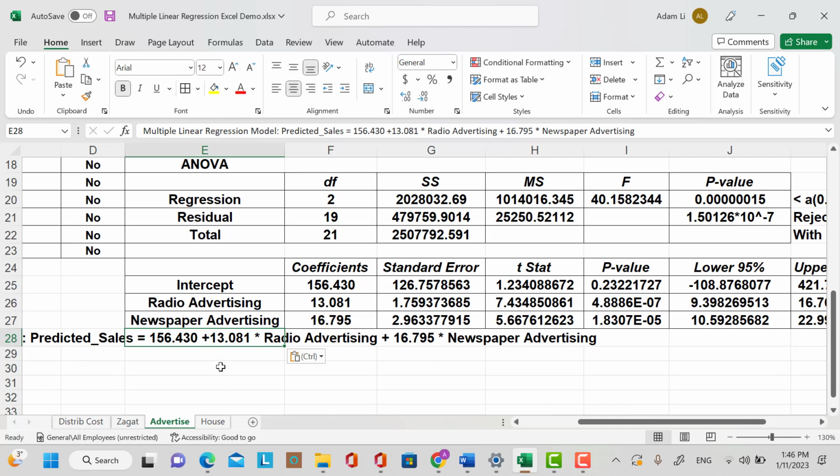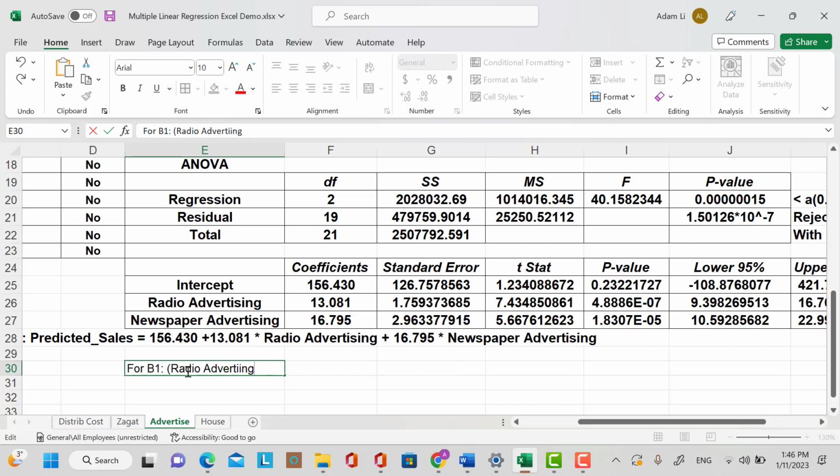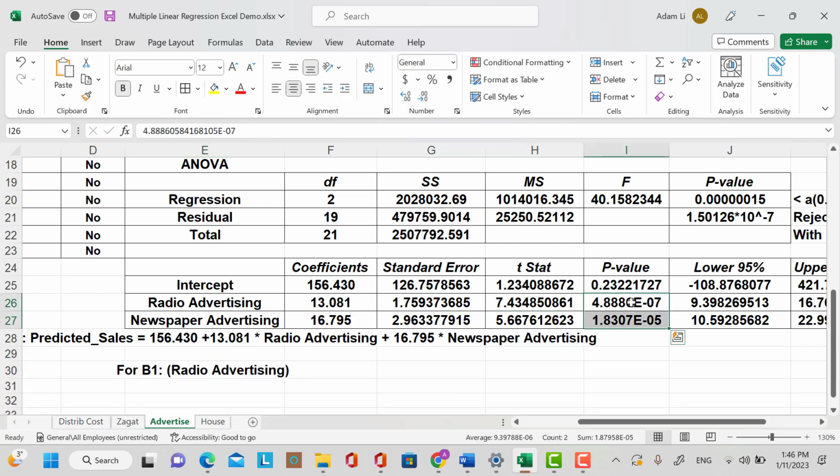So now testing beta 1. If you look at radio advertising, and at the t-score, both of these are very, very small.